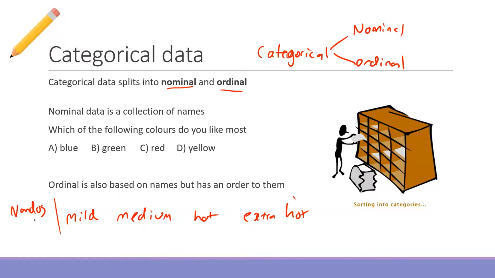I don't eat at Nando's, guys. I don't really like Nando's very much. I think it's incredibly overpriced. I know some people are massive fanboys of Nando's, and I'm like, you know what, I get it. But this is a scale from mild to extra hot. There are no measurements here. There's no measurement saying this is 20, this is 30, this is 40 milligrams of spice mix. It's just a word given to a different phrase.